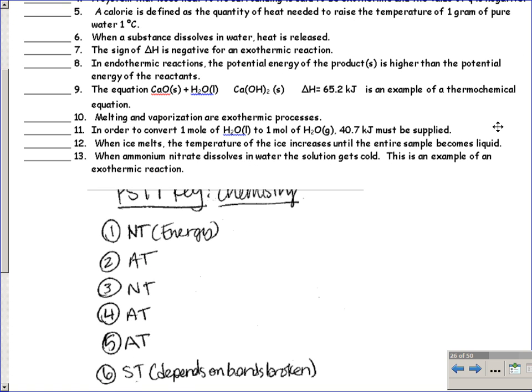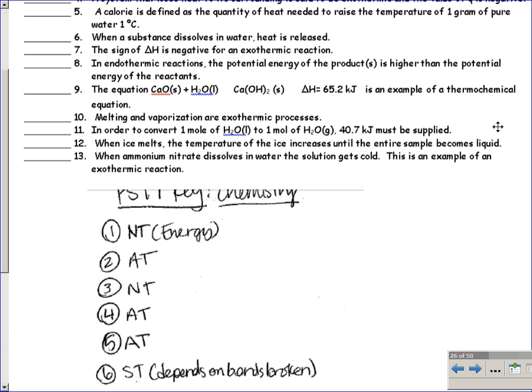11, in order to convert 1 mole of water liquid into 1 mole of water gas, 40.7 kilojoules must be supplied. So that is actually a constant. The 1 mole of liquid to 1 mole of gas, that's a phase change example, right? On our little blue sheets, they give us the delta H vaporization, not in kilojoules and moles, but in joules per gram.